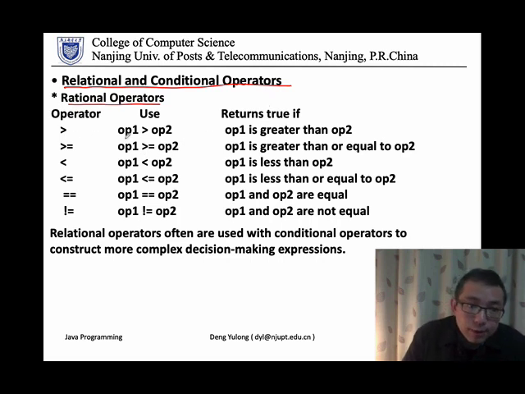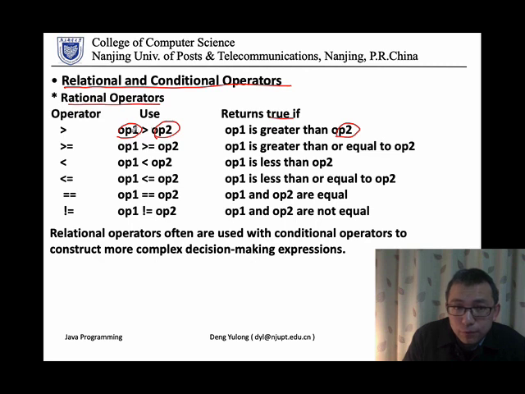So we can make some relational operations on these two operands. For example, the first operand and the second operand. If the first operand is greater than the second operand, it will return true.